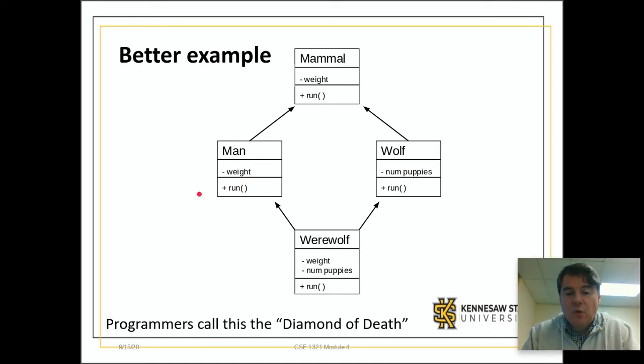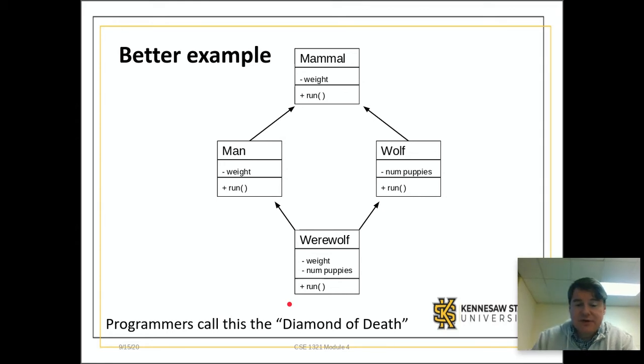So when we were to create this magical child that we can't do, if we were somehow able to inherit from both of these two parents, you would have the question of which run it does if you call run on werewolf.